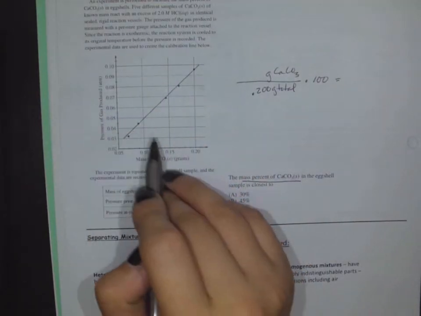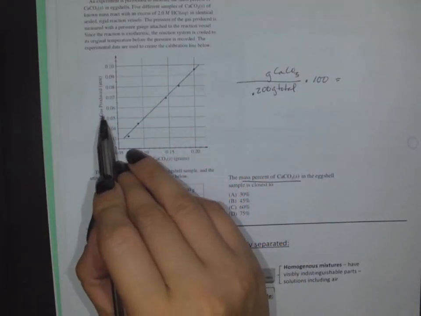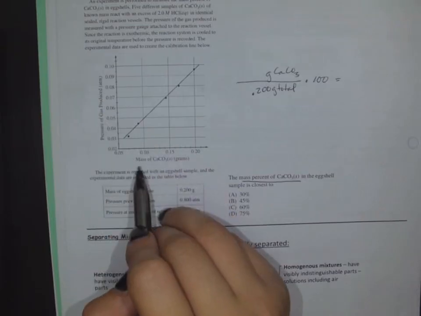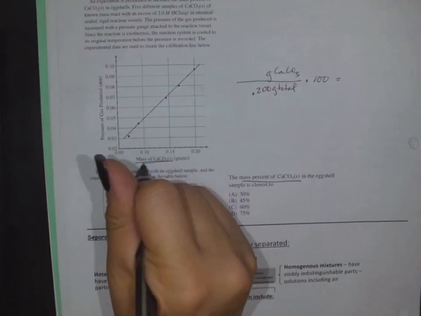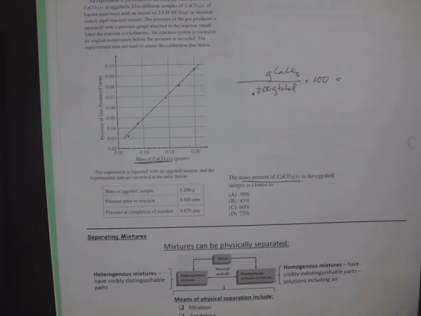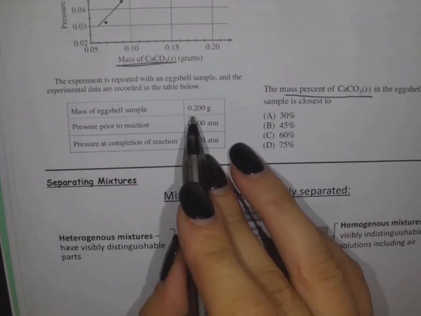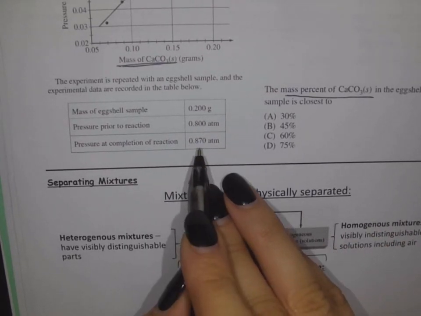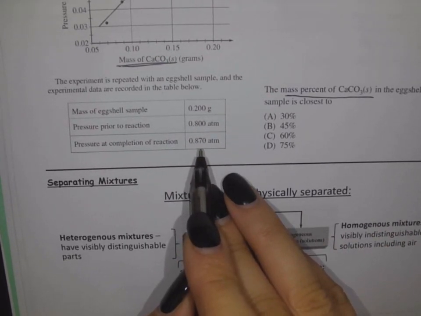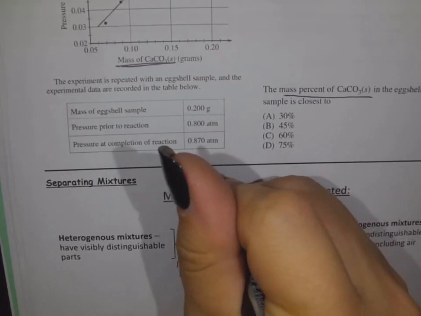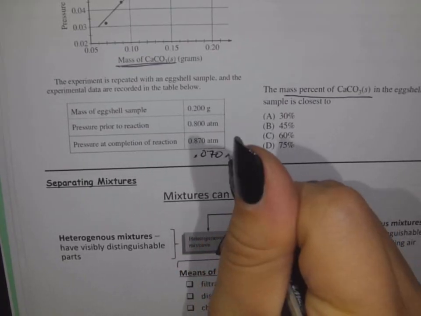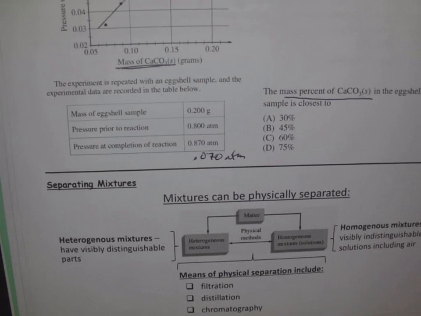I always start with the axes, and it says pressure of gas produced and mass of CaCO3. So look at how much gas was produced. This was before the reaction, and then we had after the reaction. So we produced 0.070 atmospheres of gas.